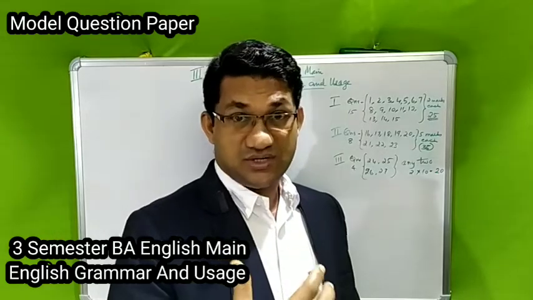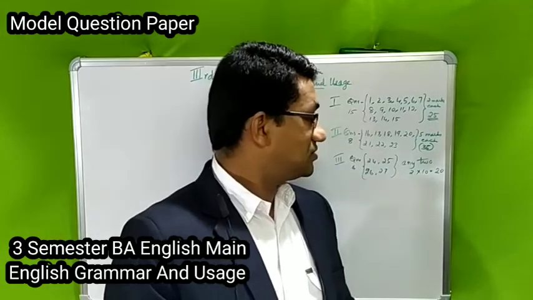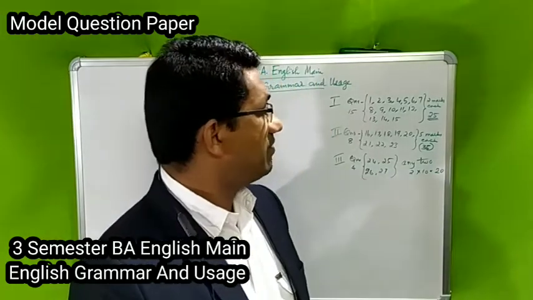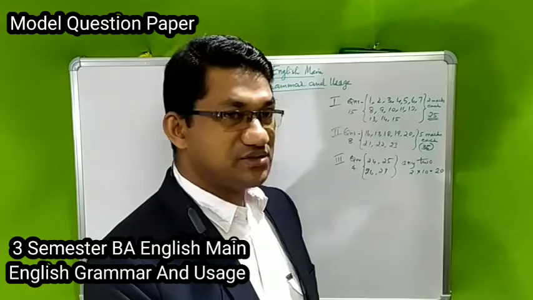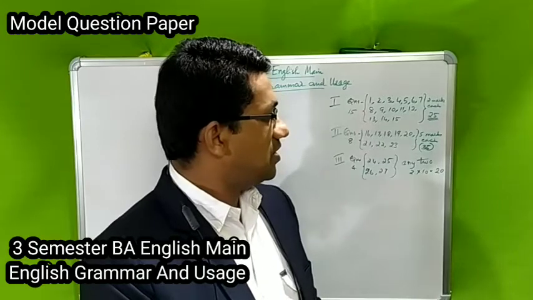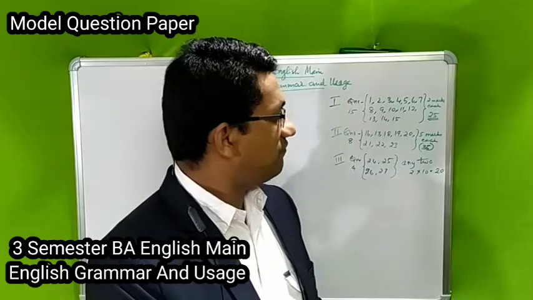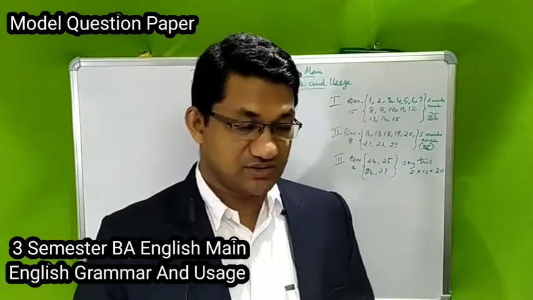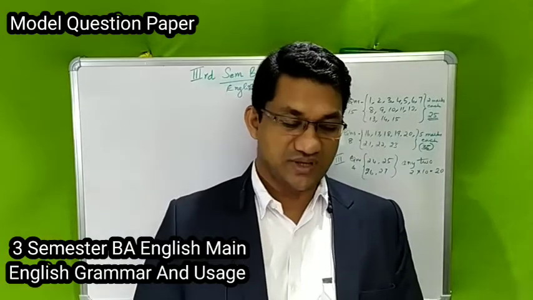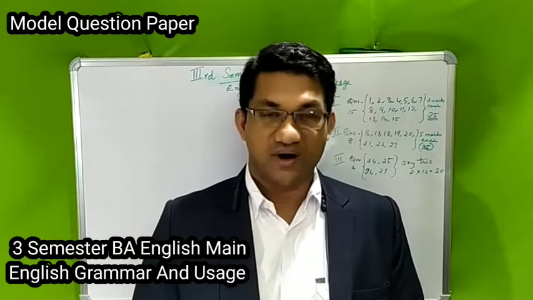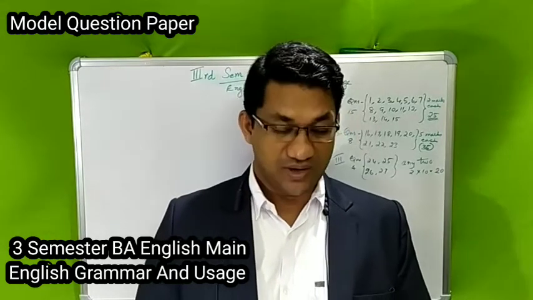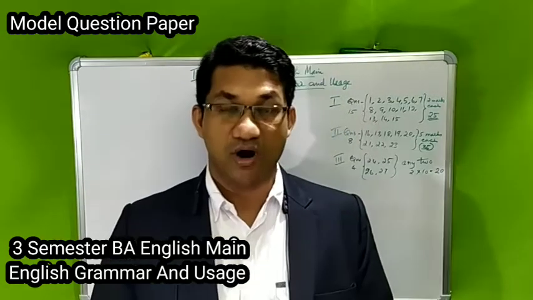So 10 into 2 is 20. We have 25 plus 35 plus 20, a total of 80 marks. So the maximum marks is 80 and the time is 2.5 hours. Now let's look at the questions in section A.